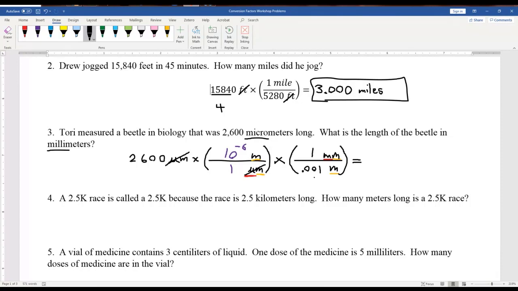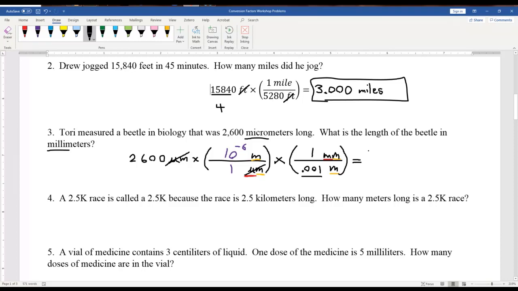You don't have to memorize a lot of them, but milli, centi, kilo, deci, those are ones that are going to come up a lot. And if you know that milli means 0.001, and you know that kilo means 1,000, and you know to put 1 in front of your prefix unit, you're going to be good, and you're not going to make any of these mistakes.